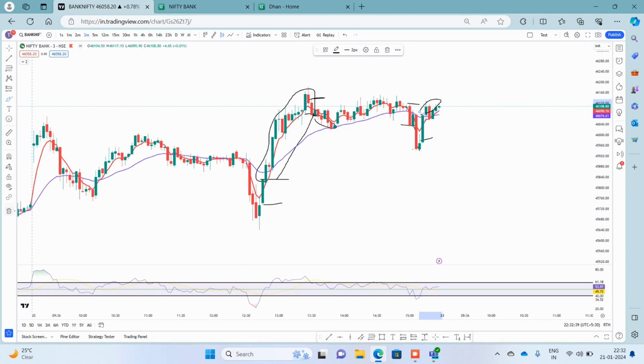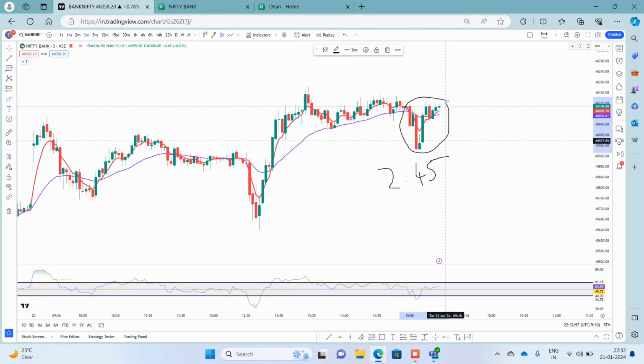The other important thing that I want to tell here is, after 2:45 p.m., near to close of the market, when you are getting any trades using this strategy, this is the zone. Trade with very less quantity.